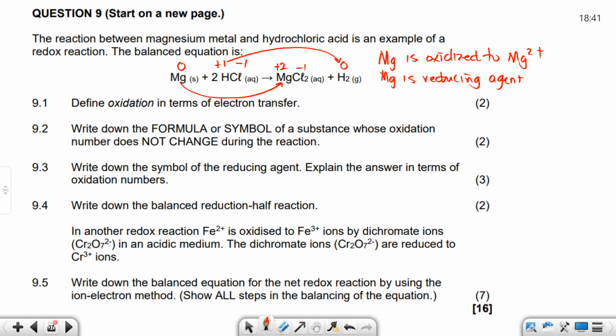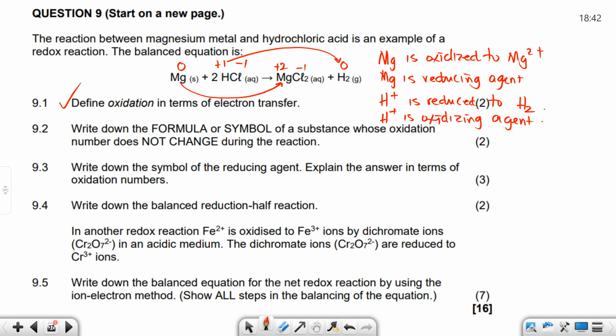Then what do we have? H+ is reduced to hydrogen gas, which means H+ is the oxidizing agent. Remember, they are always opposite of each other. All right.